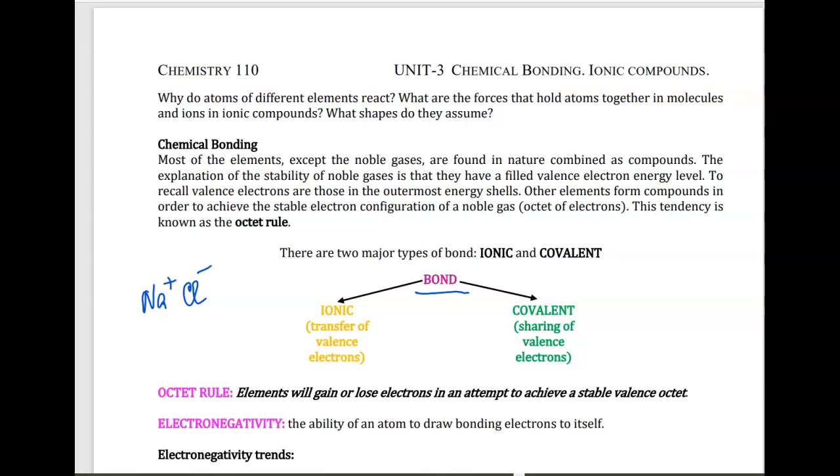And covalent bonding, we will be talking about the next time. Covalent bonds are created by sharing valence electrons between non-metal atoms.